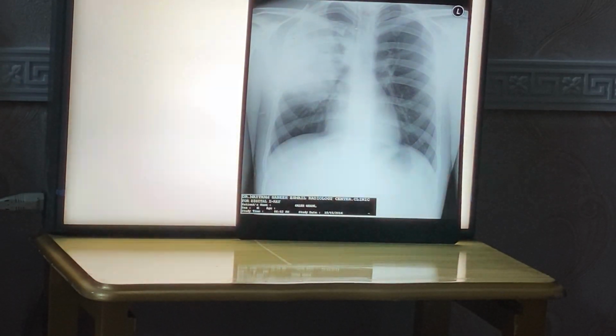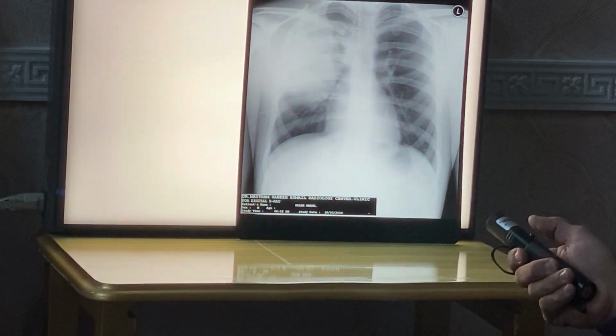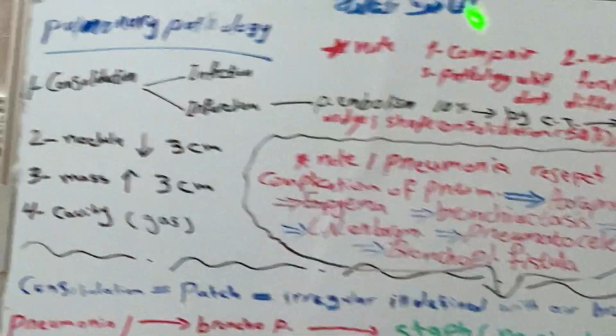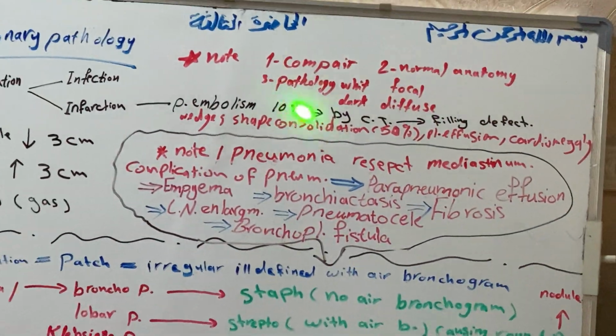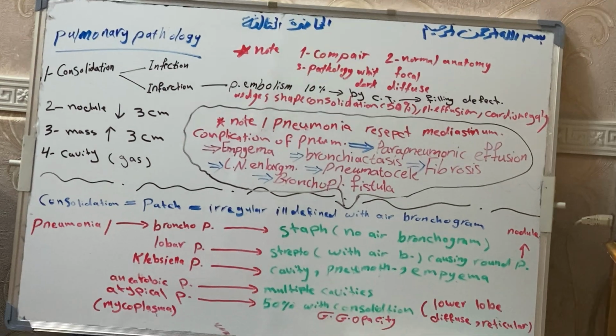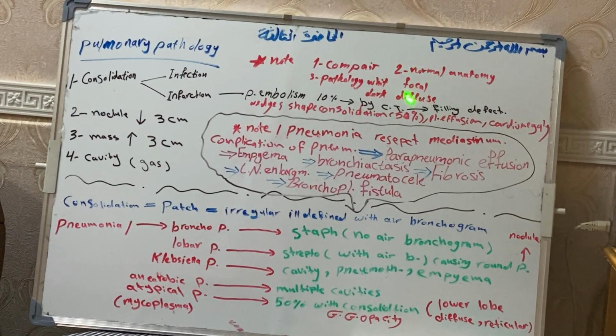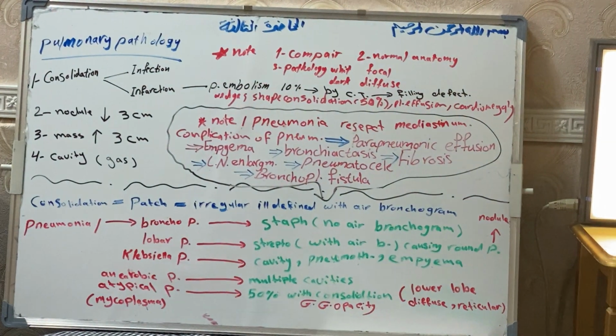And the abnormality is either focal or diffuse. Focal is 1, 2, 3. Diffuse is more than that. So don't forget: compare between left and right, normal anatomy, and the pathology. The pathology is either white or dark and could be focal or diffuse.